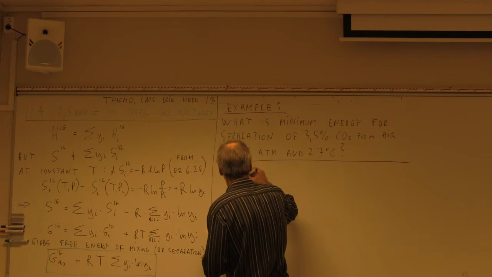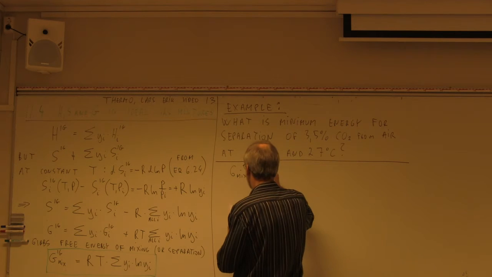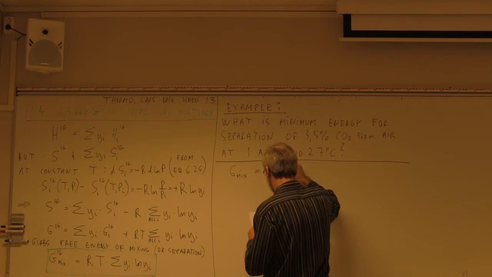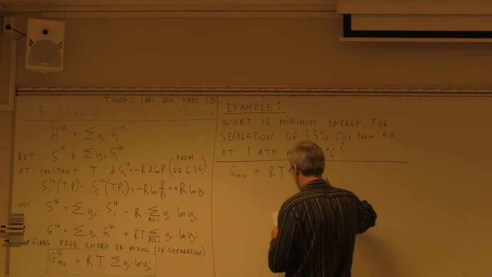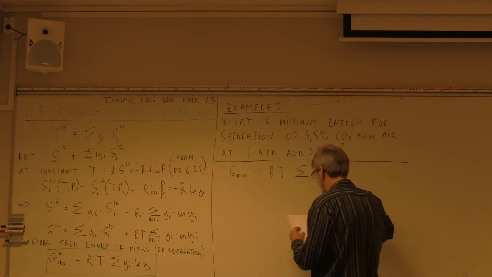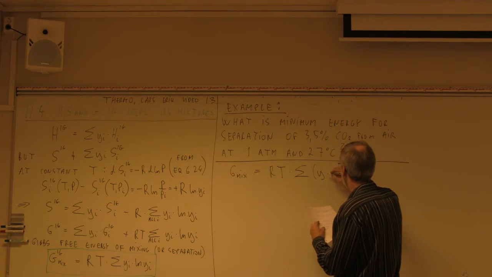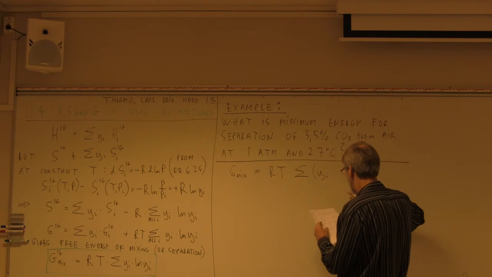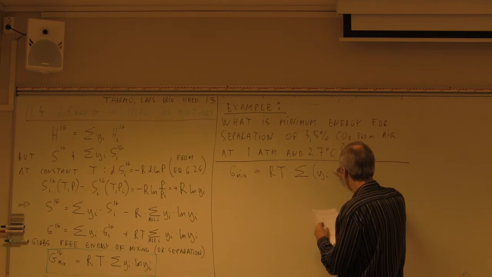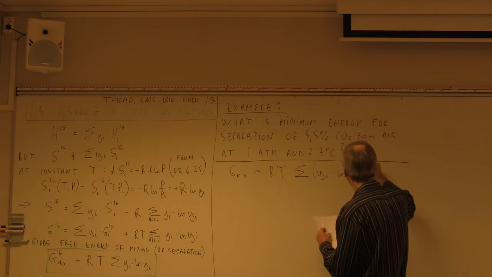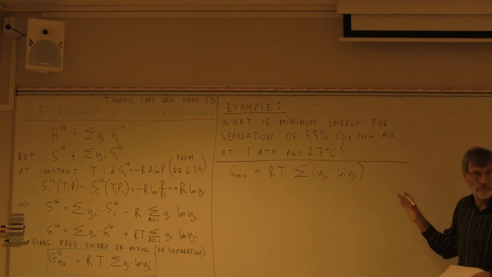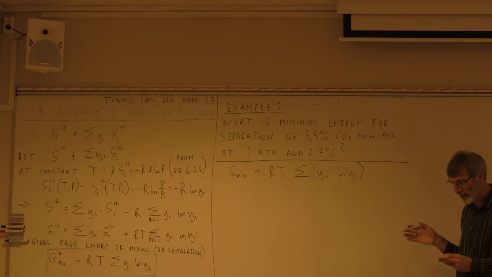The G mix is then RT times the sum of the y times ln yi for all components, and then I just put in numbers.